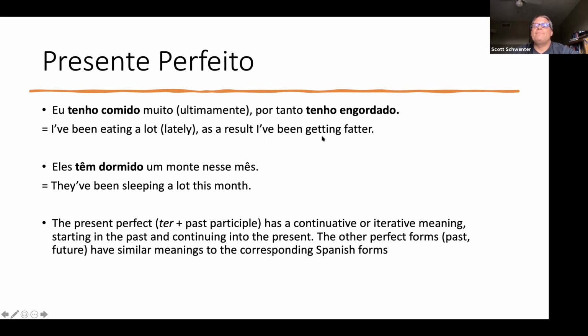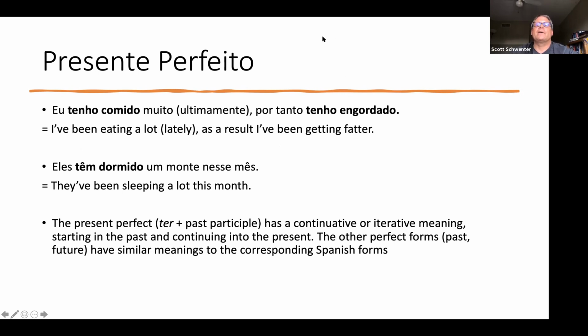As a result, I've been getting fatter. So it has this meaning that in English we do with have been plus the ing form, right? So eu tenho comido muito, portanto tenho engordado would translate as I've been eating a lot lately. As a result, I've been getting fatter, right?